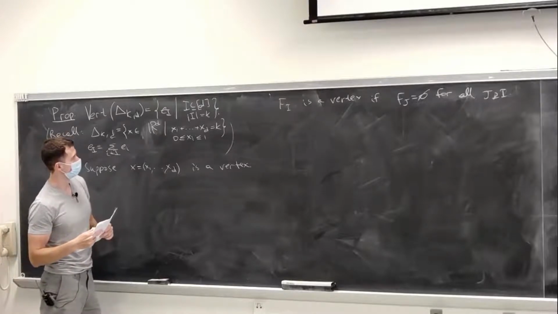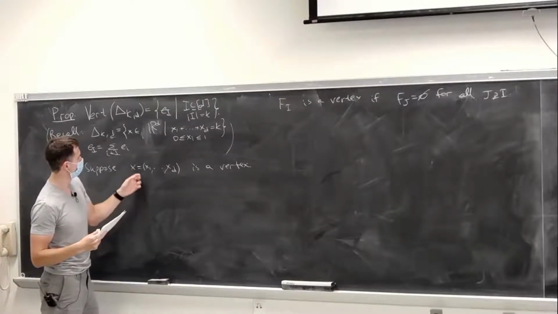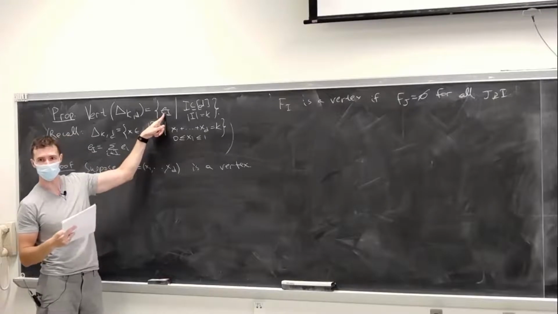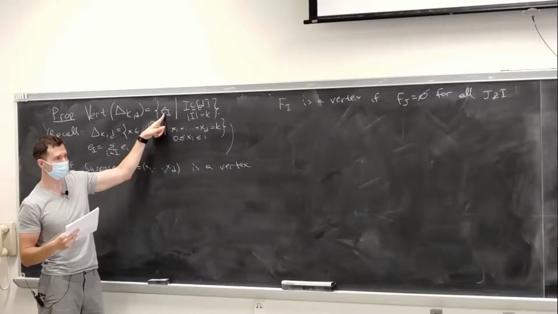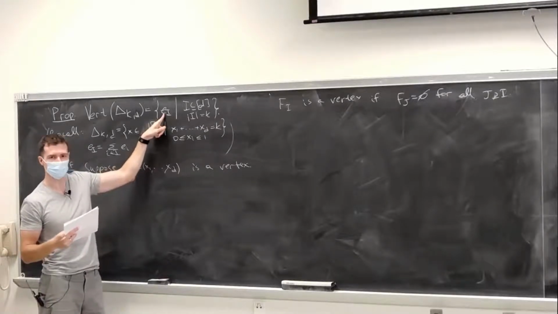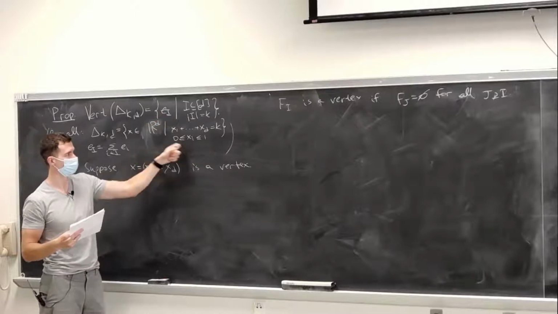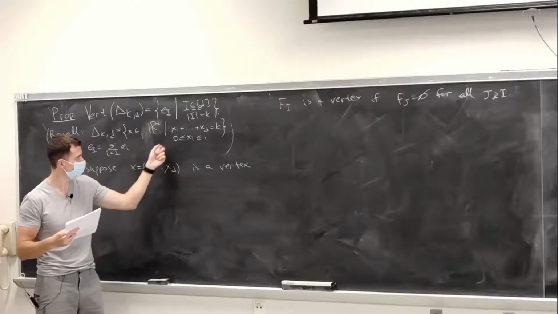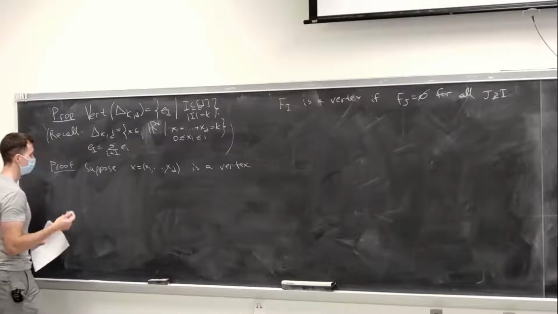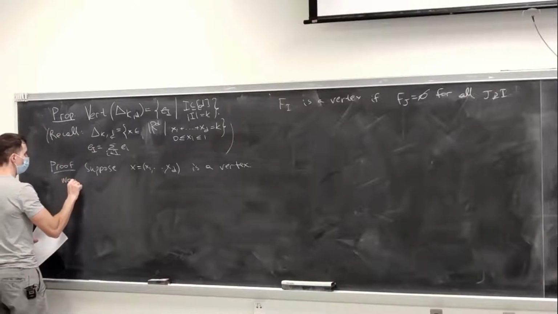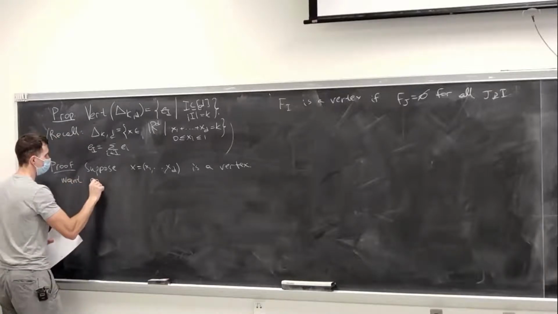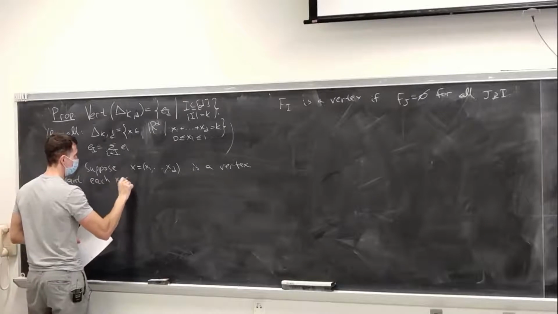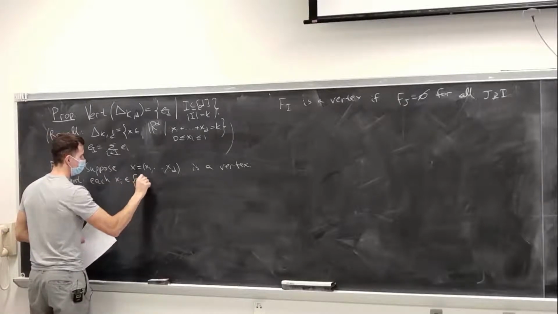What I'd like to prove is that x is of this form, which basically means that each x_i is either 0 or 1, with no x_i strictly in between 0 and 1. I want to show that each x_i is either 0 or 1.